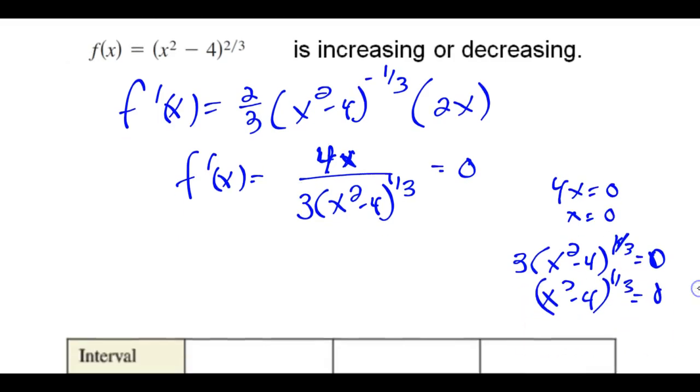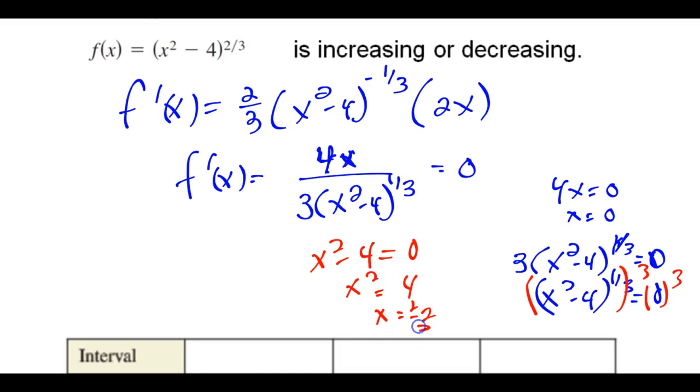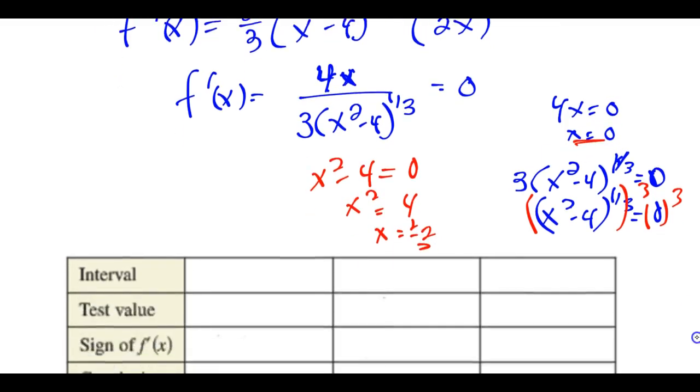If I cube both sides, I still get a 0. So cube this. So when does x squared minus 4 equal 0? That's when x squared equals 4, or x is plus or minus 2. So I've got quite a few critical values here.